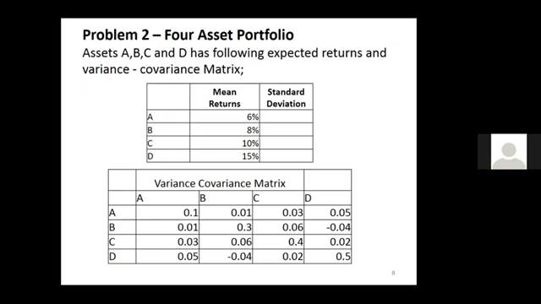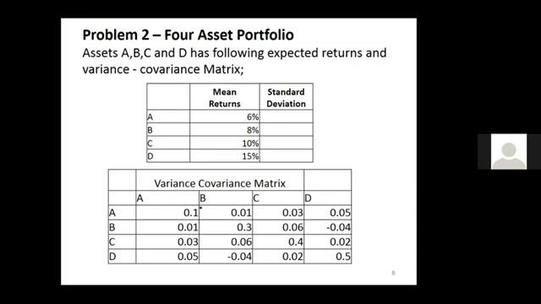Except for the same assets, the other combinations are, for example, A and B, A and C, A and D. B and A, B and C, B and D. C and A, C and B, C and D. Taking D and A, D and B, D and C. Those coefficients are covariance values.